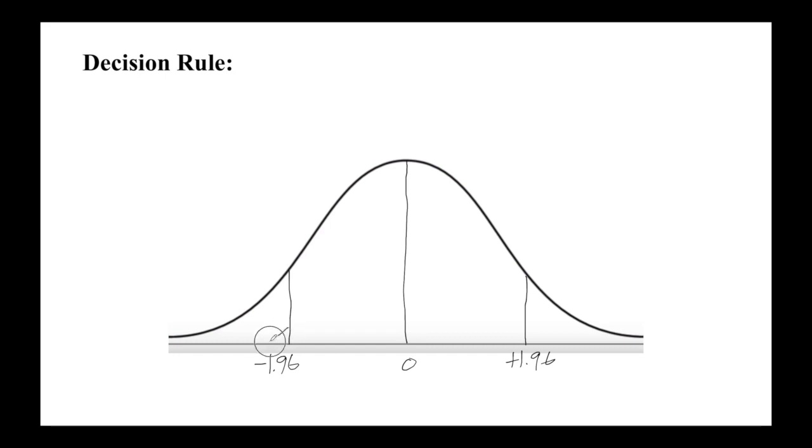Since this is a two-tailed test, we have the rejection region on both tails of our distribution. So, this one is for the left part and this one for the right part. Okay, so for the right part, here's our rejection region. We have already plotted the critical value.